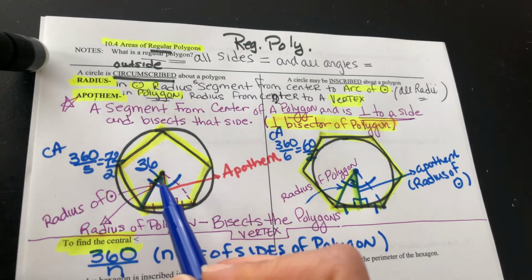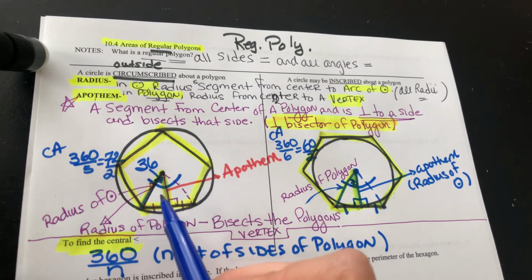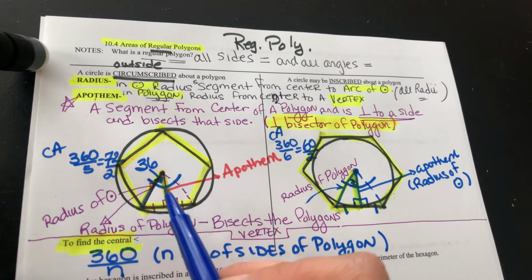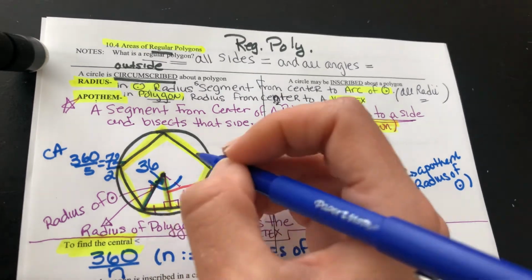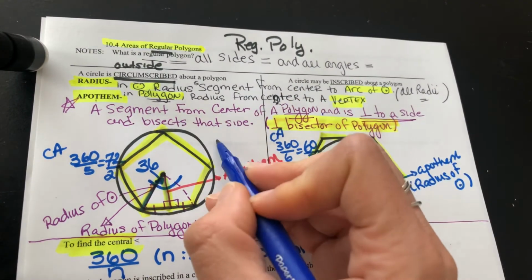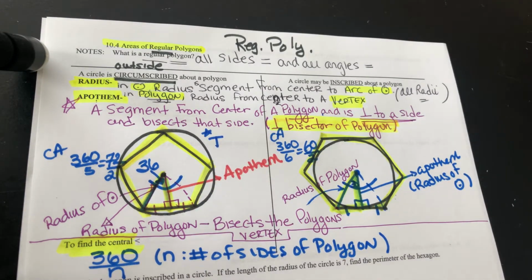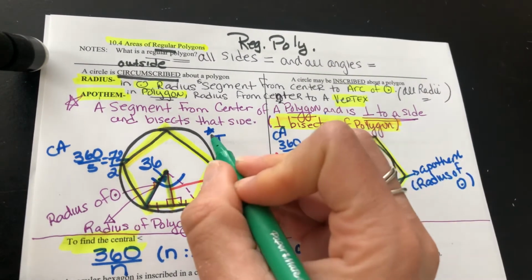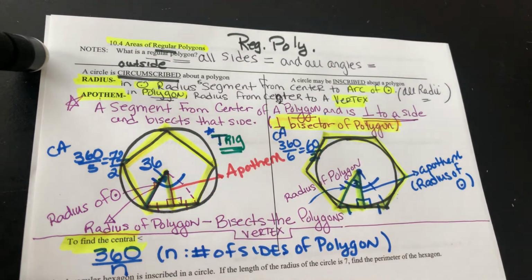Once you have to find your apothem, the radius of the polygon or circle, or the base in a pentagon, I'll star this: you're going to use trig to work your way around.